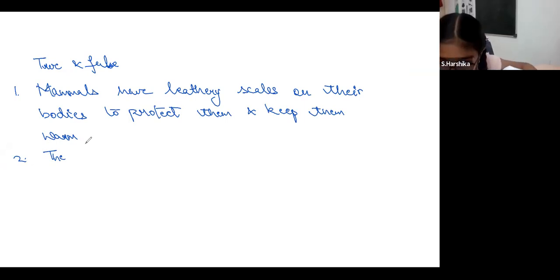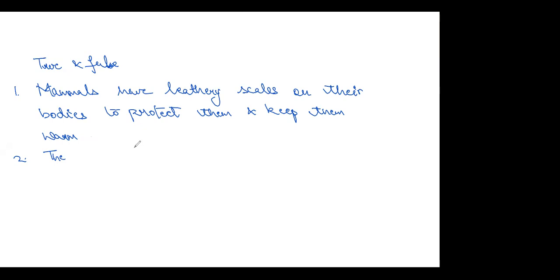Ma'am, what does leathery mean? Means hard scales. The body that you have seen of a tortoise, they have a hard body. So is it true or false that mammals have leathery scales on their bodies to protect them and keep them warm? Do you know why a tortoise doesn't feel much cold or so much hot?